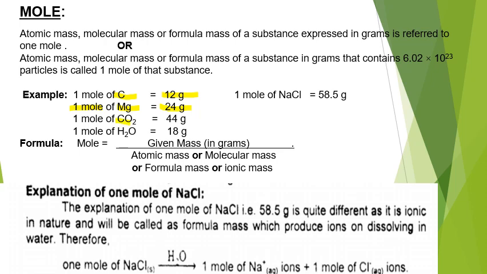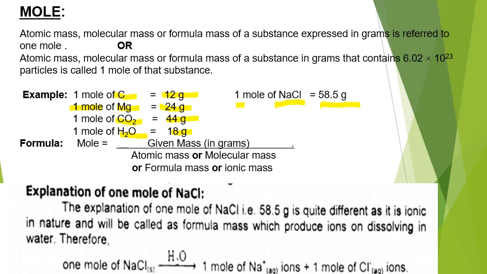For carbon dioxide, 1 molecule of carbon dioxide is equal to 1 mole and it will carry mass 44 grams. Similarly, 1 molecule of water is equal to 1 mole and it will carry the mass 18 grams. Right? When we say formula unit, NaCl or sodium chloride, one formula unit of sodium chloride is equal to 1 mole and it is carrying mass 58.5 grams.